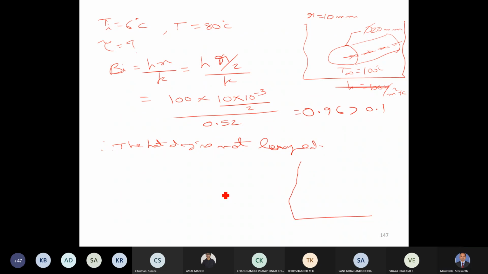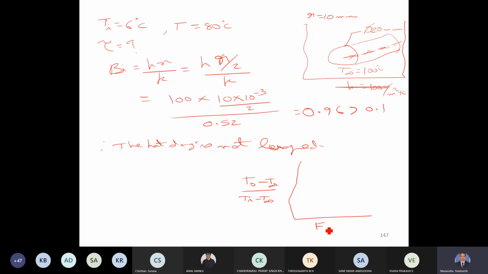On this graph we have T naught minus T infinity, where T naught is the center temperature, divided by Ti minus T infinity, where Ti is the initial temperature. And here we have the Fourier number.